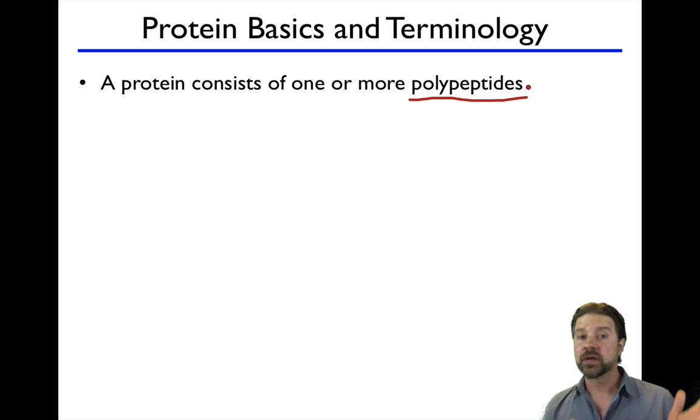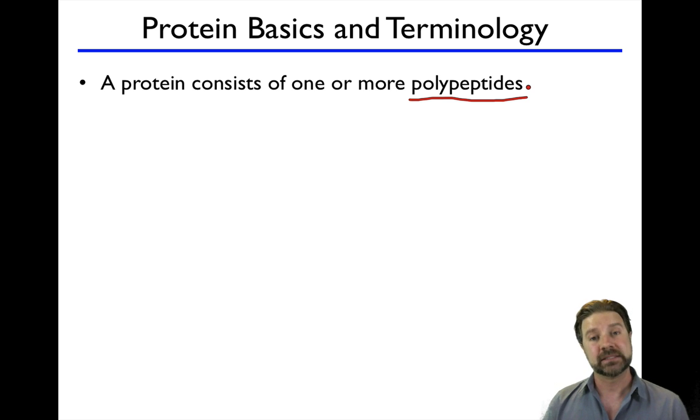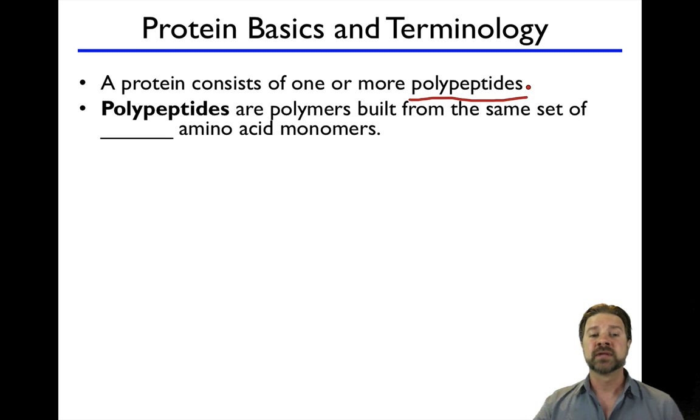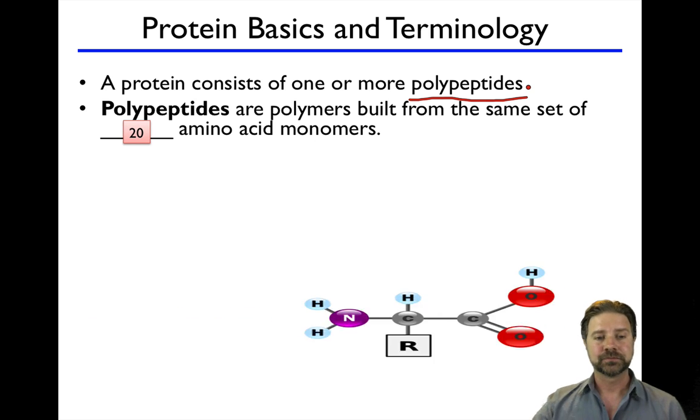And once a whole bunch of others were connected, we call it a polysaccharide. Well, the same thing is going to go with proteins once we find the monomer of those. And the monomer of a protein is going to be an amino acid. And as you can read in the next sentence, they're built from the same set of 20 amino acid monomers. So there's 20 amino acids that are going to make up all the proteins in your body.